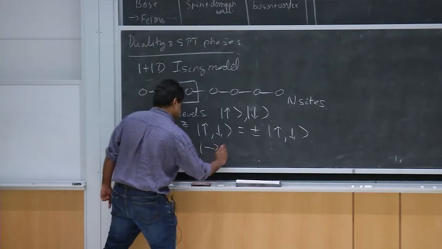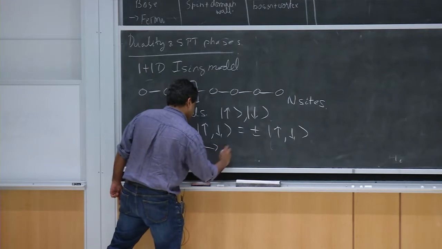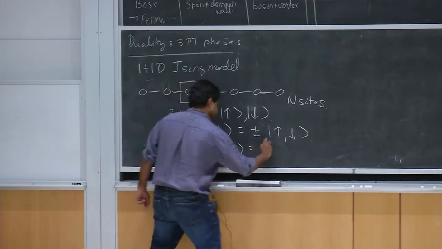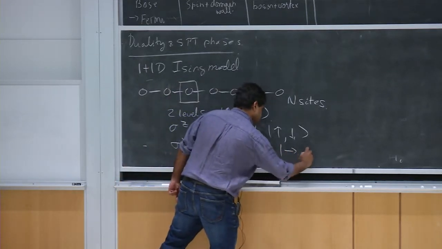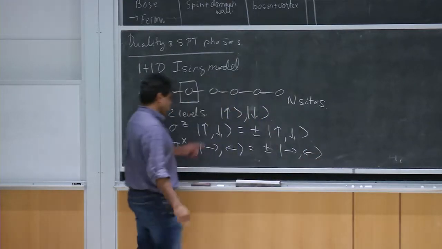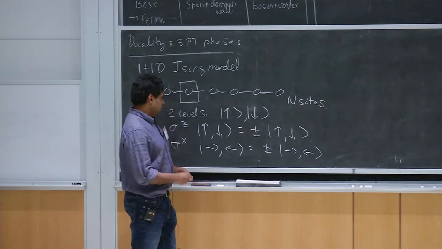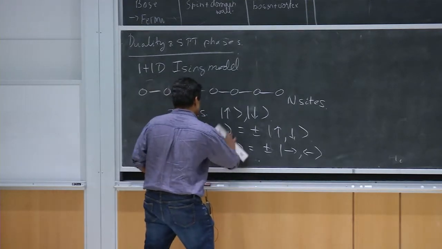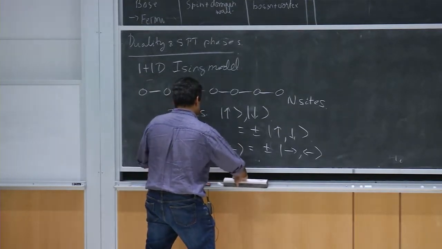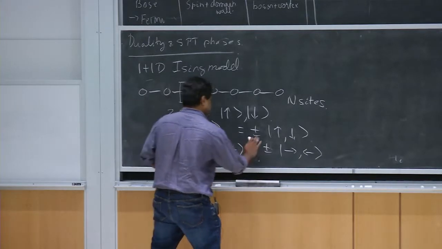I'll call this spin pointing sideways. Hopefully this notation is clear. Sigma z acting on up. Actually, let me write it down separately because it looks like a tensor product of the two things. So let me not do that.